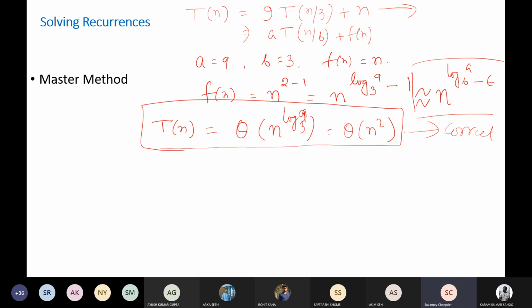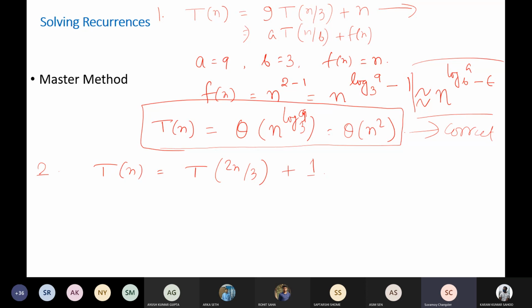This is your home task. Right. So let us consider another example where we can apply another case. Next example: let T(n) equal T of 2n by 3 plus 1.